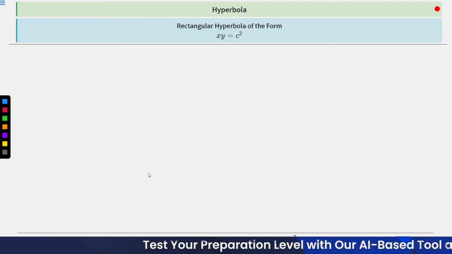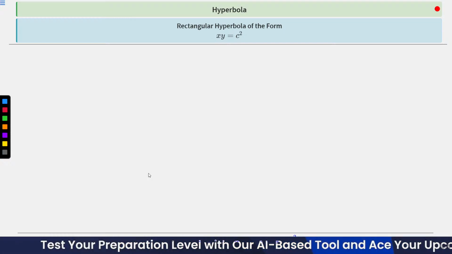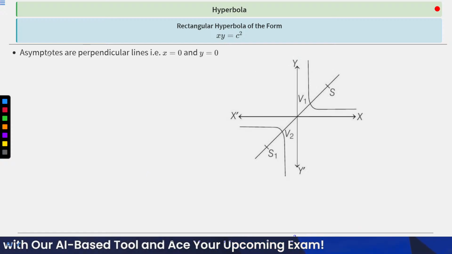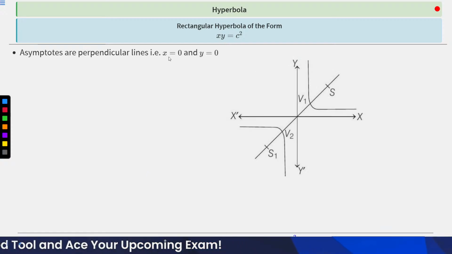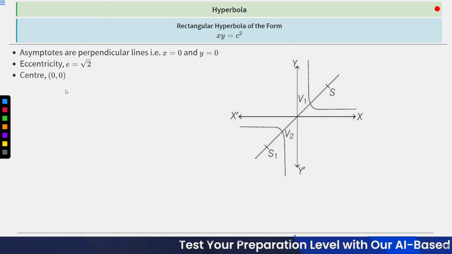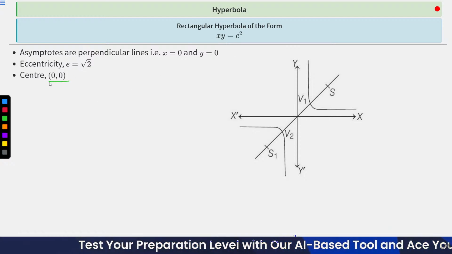Now, a rectangular hyperbola of the form xy is equal to c square. Asymptotes are perpendicular lines, that is x is equal to 0, y is equal to 0. Eccentricity e is equal to root 2. Center at (0, 0).